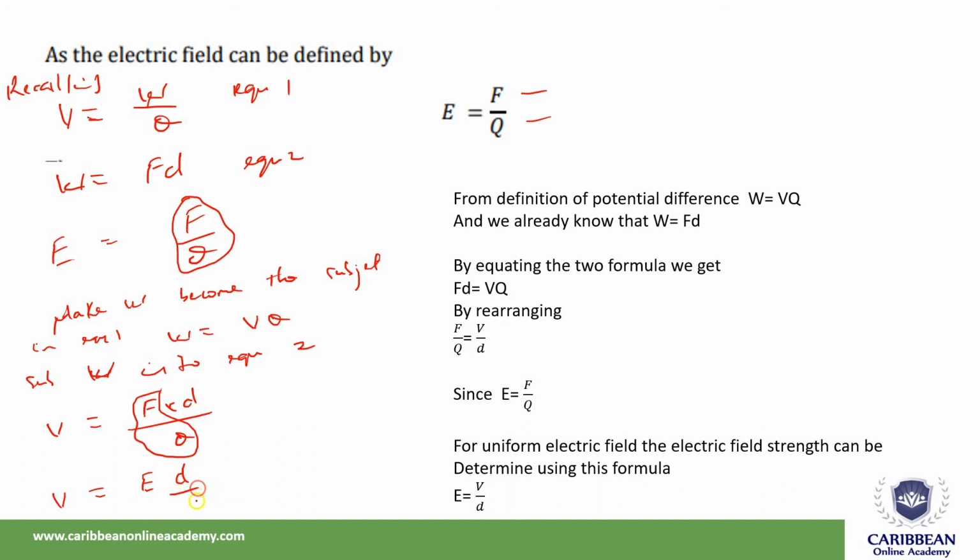So by transposition, dividing both sides by D, we end up with E is equal to V upon D.